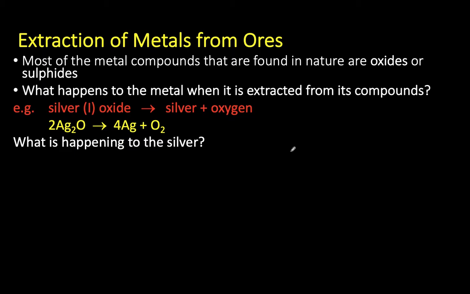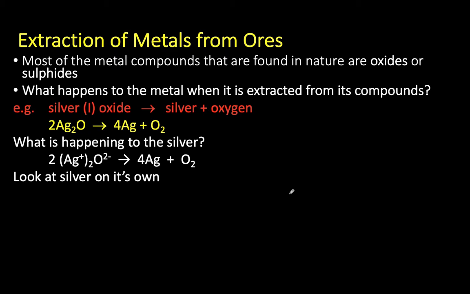So let's take a closer look at what is actually happening to the silver. So we're going to split this into its ionic formula. This is its chemical formula, we will show it as its ionic formula. So silver oxide is actually made up of 2 silver ions and 1 oxygen ion or oxide ion. So let's take silver on its own. Let's forget about oxygen just now and the oxide ion and look at what's happening specifically to silver.